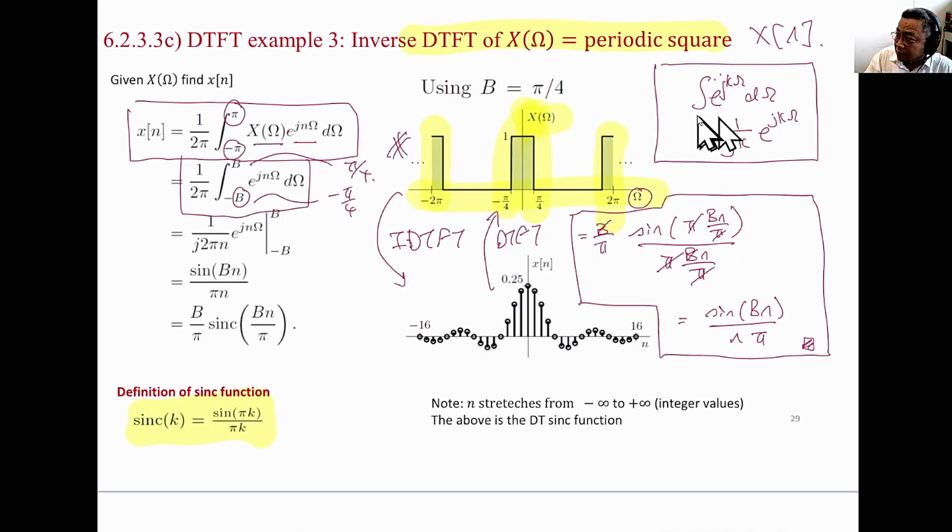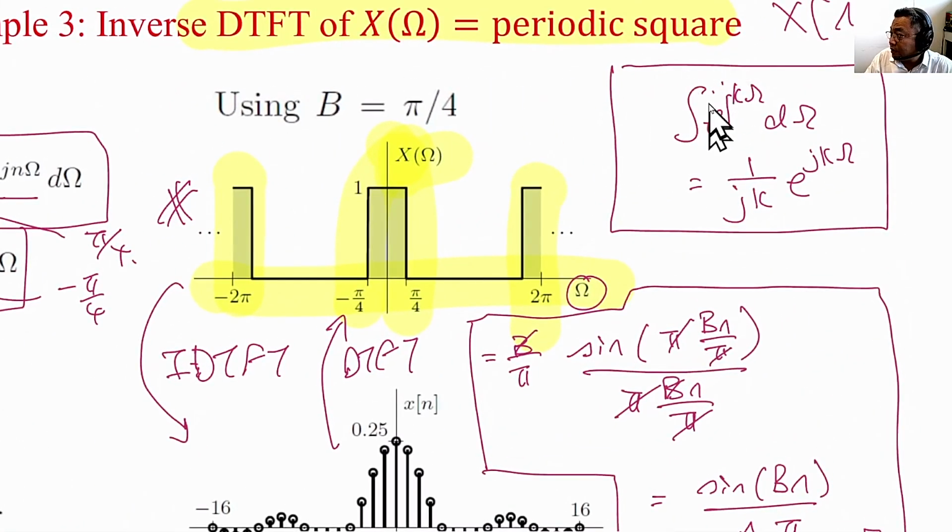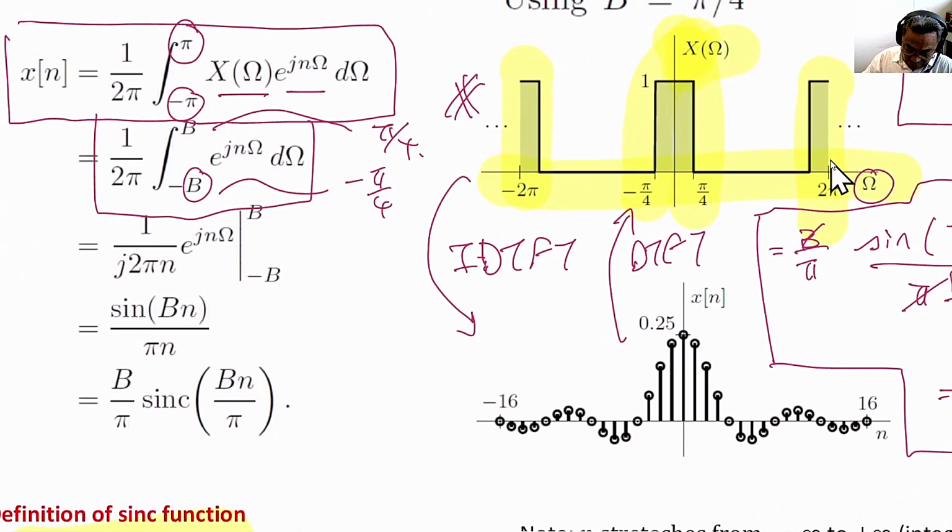If you look at your calculus tables, to integrate e^(jk omega) d omega, you basically treat jk as the constant and bring 1 over jk down, and that's what we did. So we bring jn down, giving 1 over jn times 1 over 2 pi, which was the original constant, and the limits of the integration are from minus b to b, and therefore now we can substitute in here.